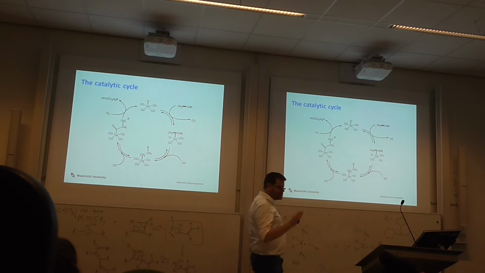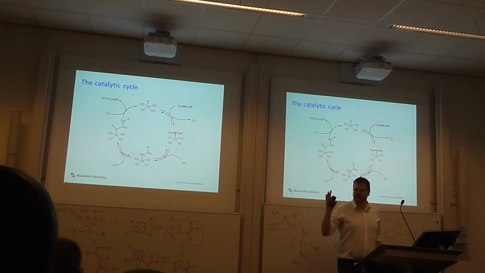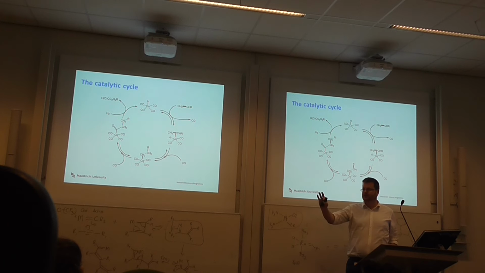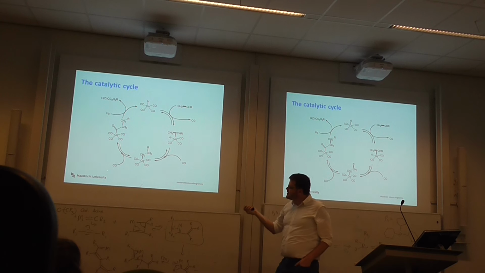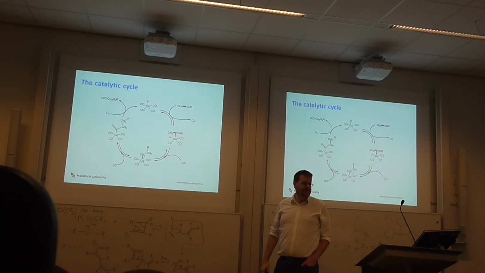If you go to lecture 2, I gave an example of that where you can drive a migratory insertion, remember, with a phosphine. Here what's happening is the CO says, I want to go on, but there's no space for me, so it forces one of the carbonyl groups to do a migratory insertion into this cobalt alkyl chain.